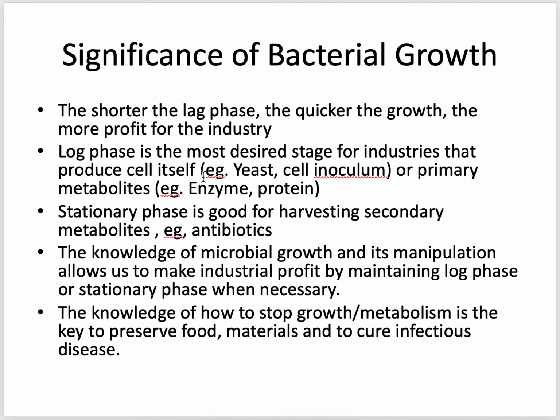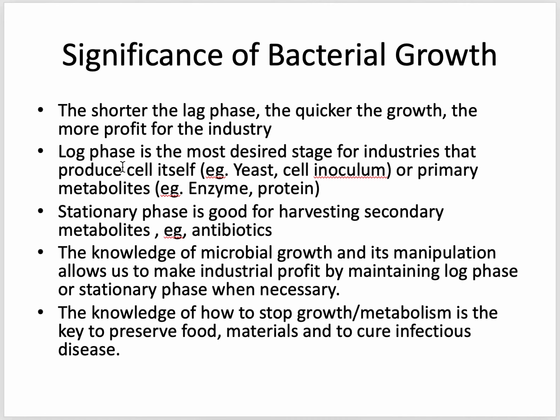That means at that phase, they produce lots of primary metabolites, because primary metabolites are required for the growth of the microorganisms. So I'll repeat: if you want to produce primary metabolites, then you have to design your culture condition or parameters in a way that the log phase will be extended.